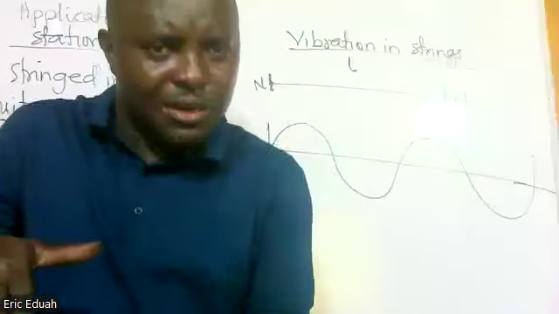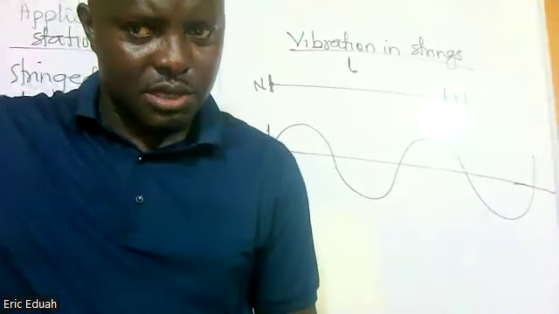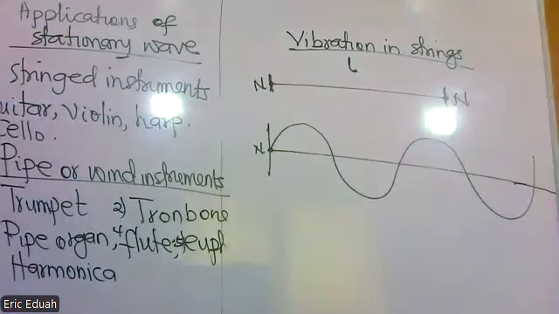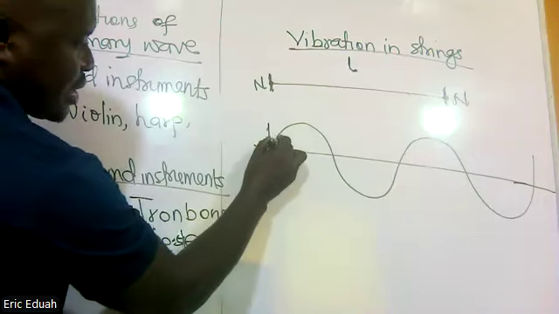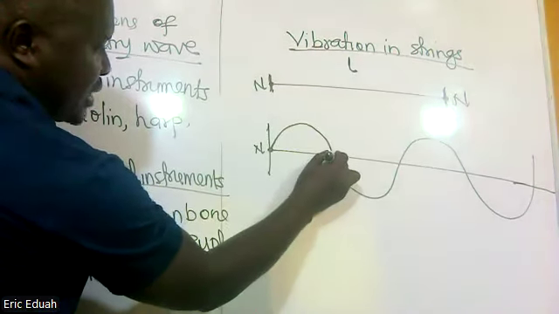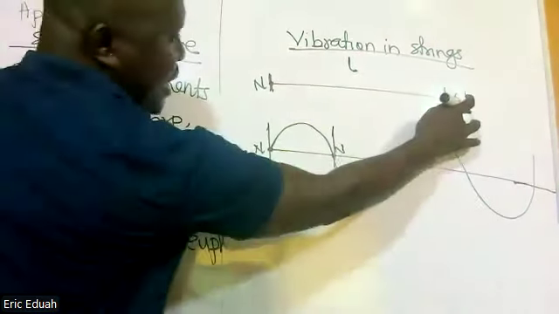Or just one strike, but you heard that continuous sound. Is that okay? So the first possible stationary wave that will be formed will start from a node and end with another node because there's a barrier here.